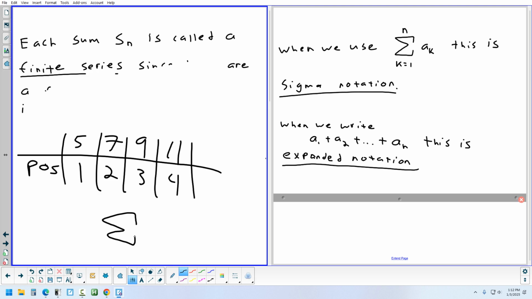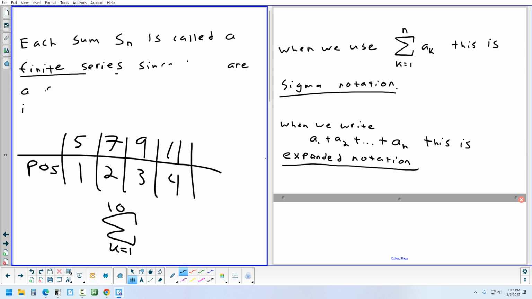Yeah, so we're going to start, I said we're going to add up all the numbers from the first one to the, I think I said 10th one. So if we're going to start with the first one, what would go on the bottom? K equals 1. Yeah, that tells you where we're going to start. And we're going to stop with which one? 10. We're going to stop with the 10th one.